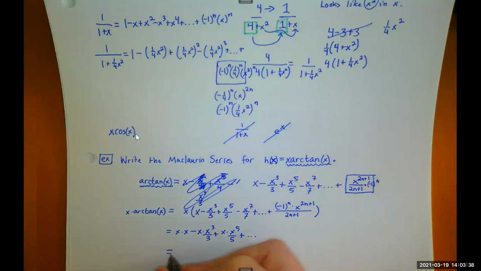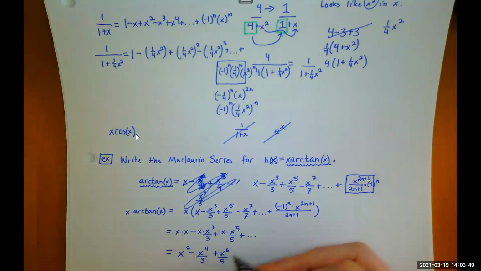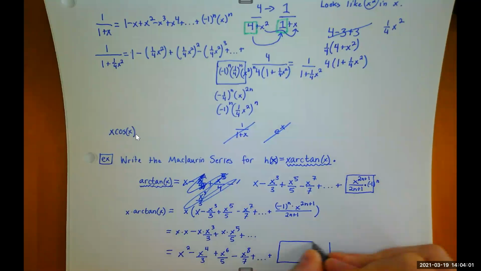So that gives us this power series, x squared minus x to the 4th divided by 3 plus x to the 6th divided by 5. I'll give you one more here because you're going to be figuring out the pattern that works. x to the 8th divided by 7. See what you come up with for the formula for the nth term.